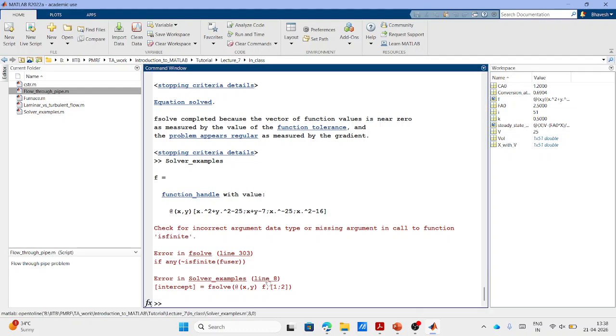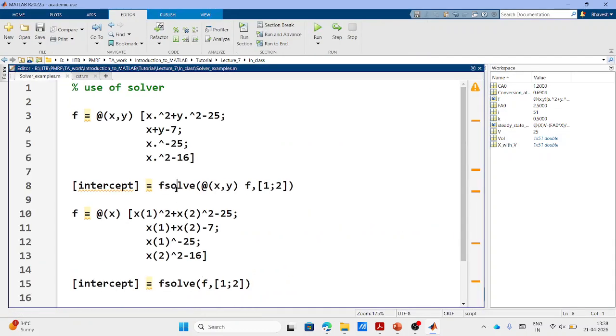This error is coming because when we are passing the function to fsolve, what it expects is that all the variables in the function are in a single vector, right? In the sense that it does not take multiple vectors as independent variables.